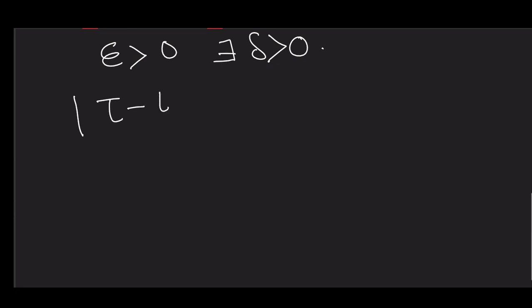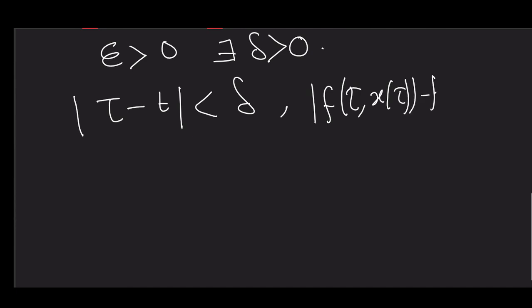Epsilon delta. So for any epsilon greater than 0, you can expect there exists delta greater than 0, such that for all tau minus t less than delta, we can say that f of tau comma x tau minus f of t comma xt is less than epsilon, because we have assumed it is continuous in nature.